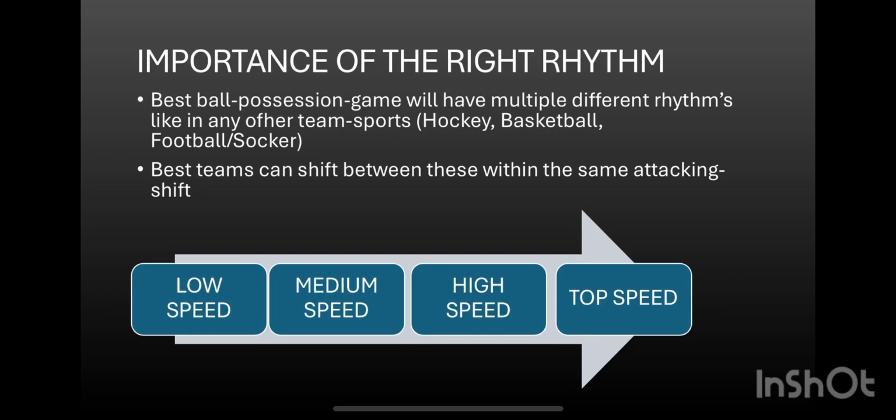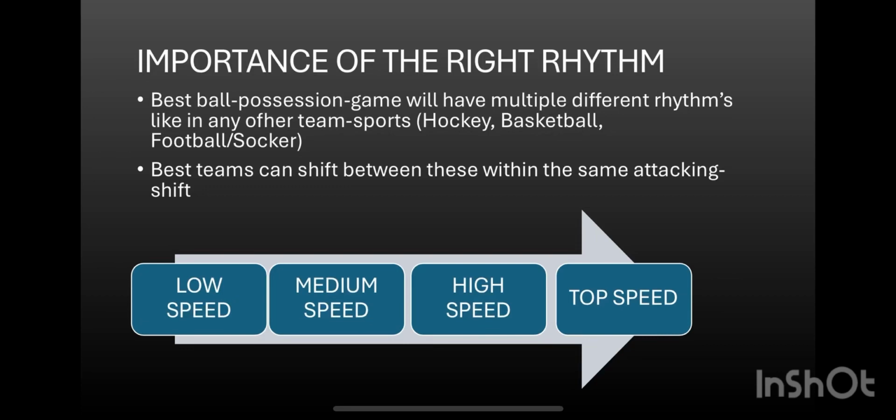Nevertheless, what are the principles and tactics you are trying to do there as a unit? Those are very important as well, but the speed, you need to shift the speed in an unpredictable way to be a real threat. And in many sports, in hockey, basketball, football or soccer, and in floorball, if you can change between these rhythms, you will be way more dangerous.